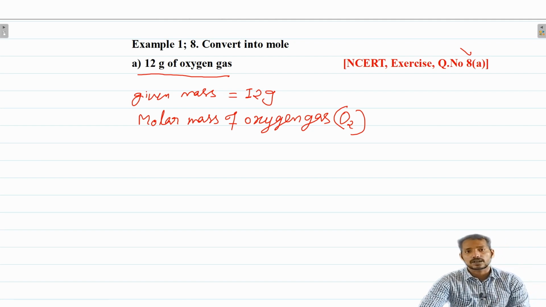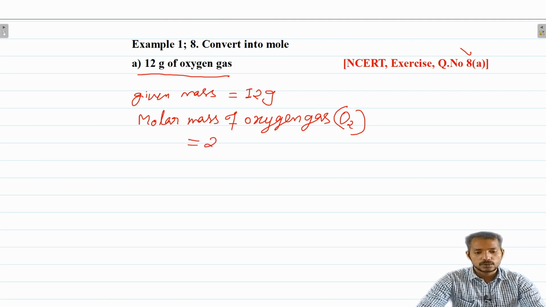That is very important. We are not supposed to calculate the molar mass of oxygen atom. We are supposed to calculate the molar mass of O2, that is the oxygen molecule, because oxygen gas exists as O2 molecules. Clear? So that is 2 into the atomic mass of oxygen, which is 16. So 2 into 16 is equal to 32 gram. So this is the molar mass.